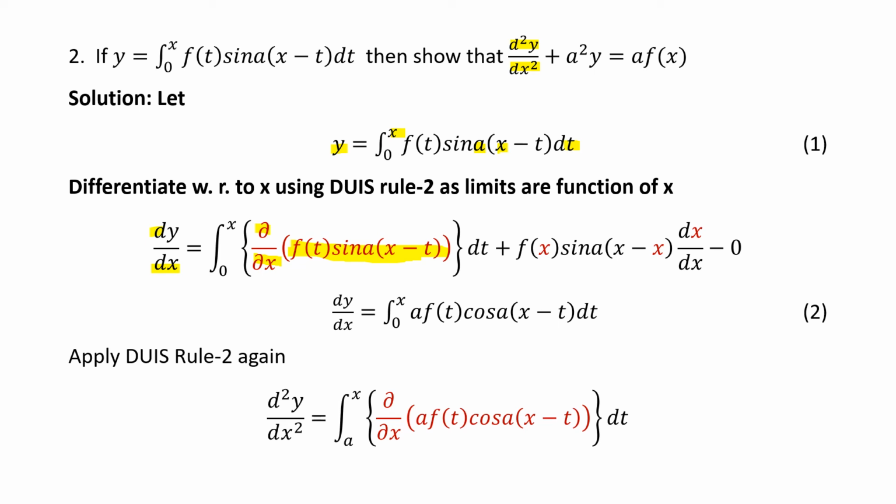Upper limit is x, so we get f of x into sine of a into (x minus x), because in place of t we put x, and then the upper limit derivative with respect to x, so we get dx by dx. Minus because of the lower limit, but the lower limit here is 0 which is constant, so for this constant lower limit the third term is directly 0.